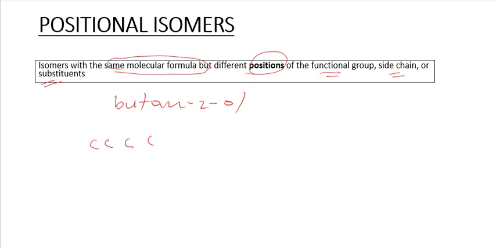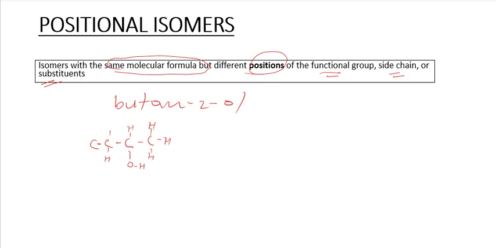It's 1, 2, 3, 4, which means 4 carbon atoms. Now it is on number 2. Let me put it here. That is, the functional group is on carbon number 2.